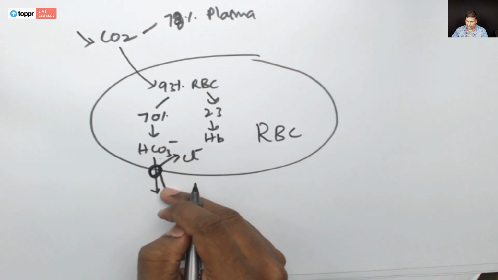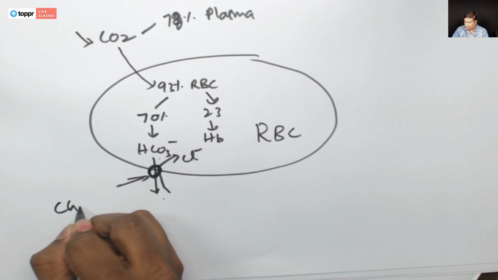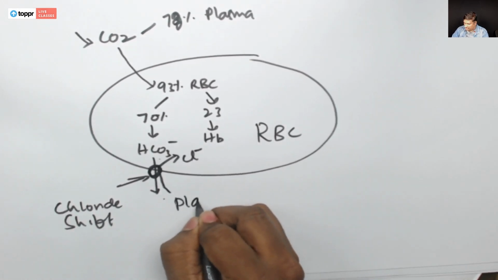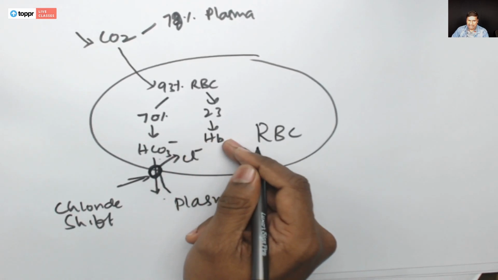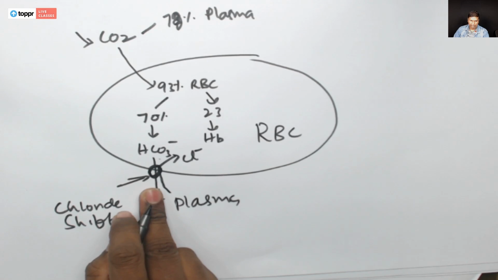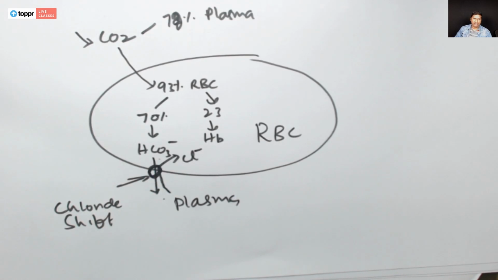This exchange is what we call the chloride shift. So the chloride in the plasma is moving inside the RBC, and the bicarbonate is being pushed out. This is the chloride shift. It is also called the hamburger phenomenon.